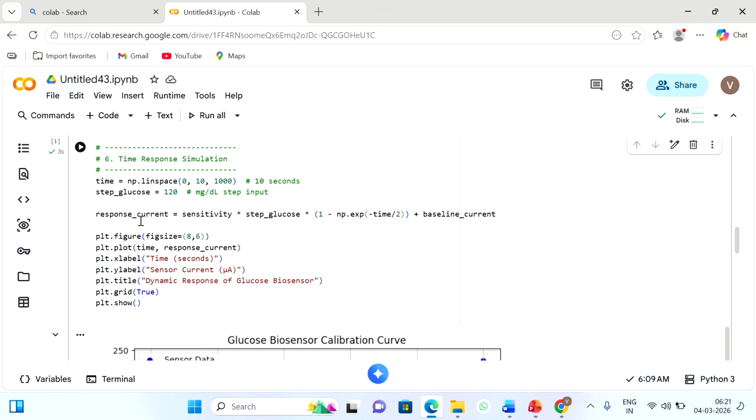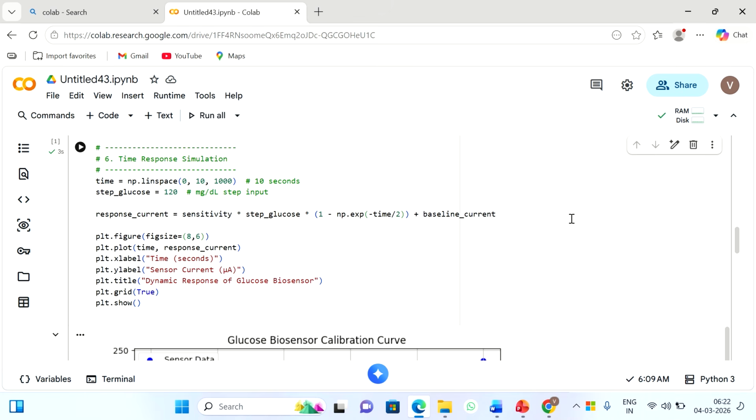response_current is equal to sensitivity into step_glucose into 1 minus np.exp(minus time by tau) plus baseline_current. This models real biosensor behavior.